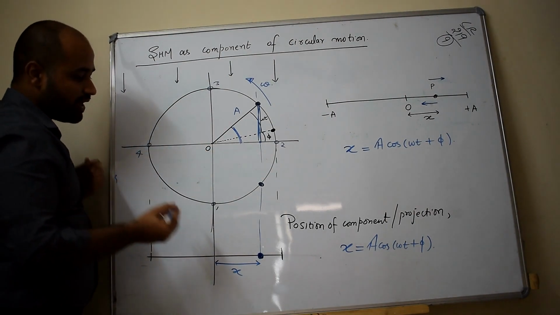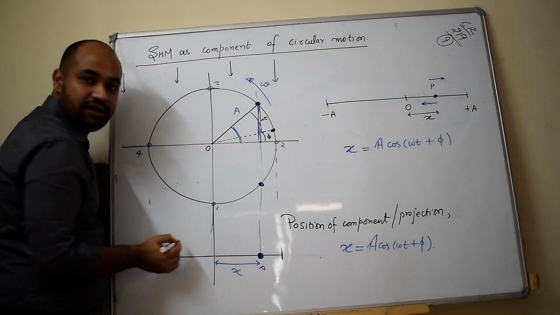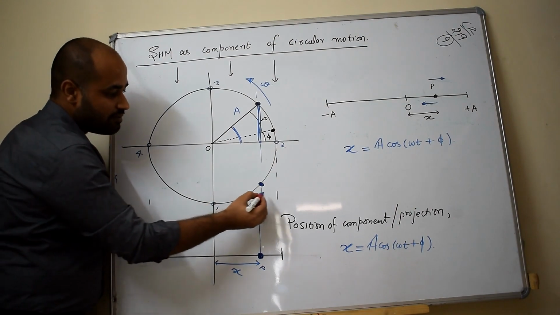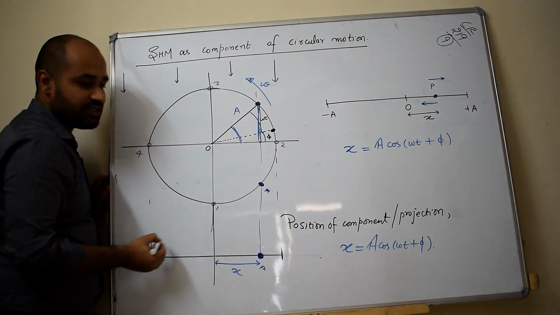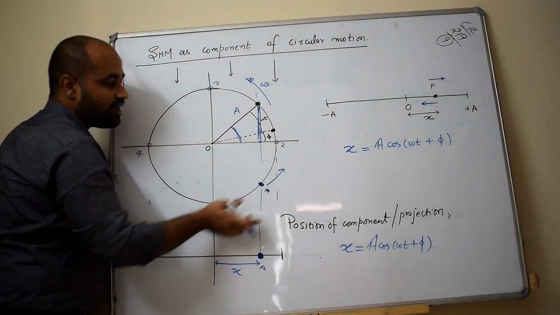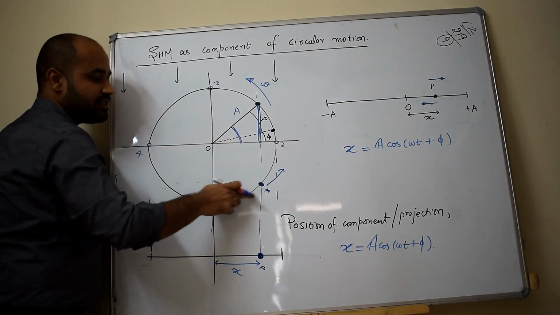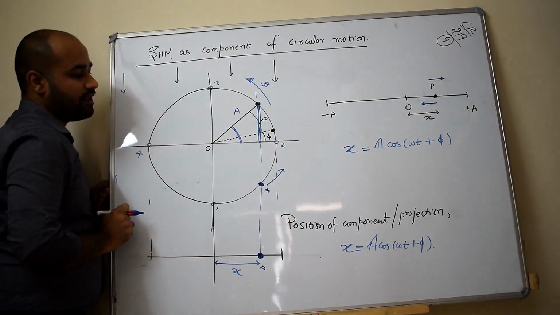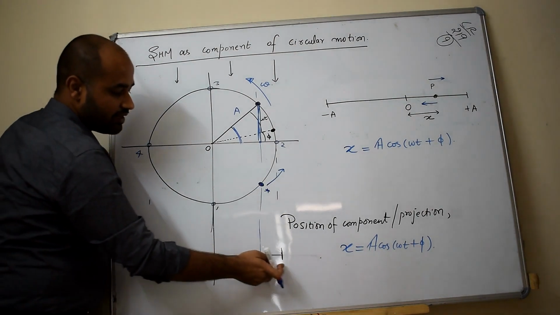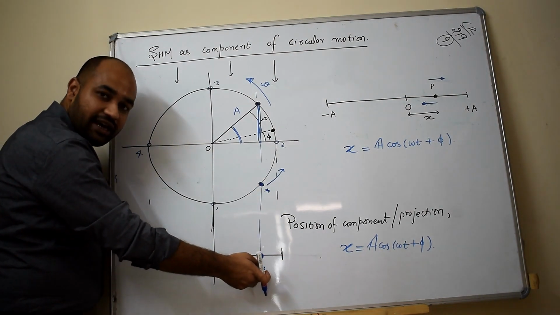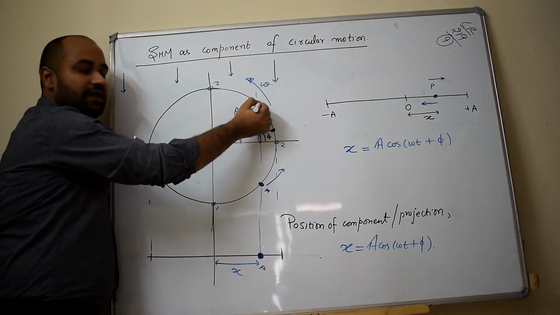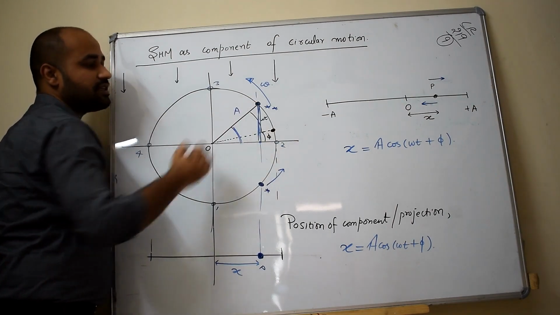You can imagine while the particle is crossing point P and moving towards right, we'll have to take this position on the circle. Let me mark this position as star. See, the reason is that in this case, as the particle is moving on the circle like this, you can imagine the particle is moving towards right. Whereas when the particle again crosses point P while moving towards left, we'll have to take this position. Let's mark this as double star.